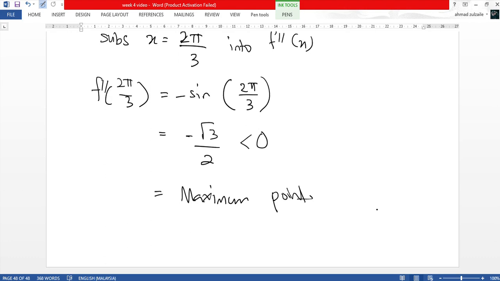In order to determine the nature of your stationary point, I repeat, in order to determine the nature of the stationary point, you have to use the second derivative test. Okay, and one more thing, point of inflection also uses the second derivative test. Okay, you just follow my orange table in the slide, and it will help you a lot in order to understand the week number 4 chapter.